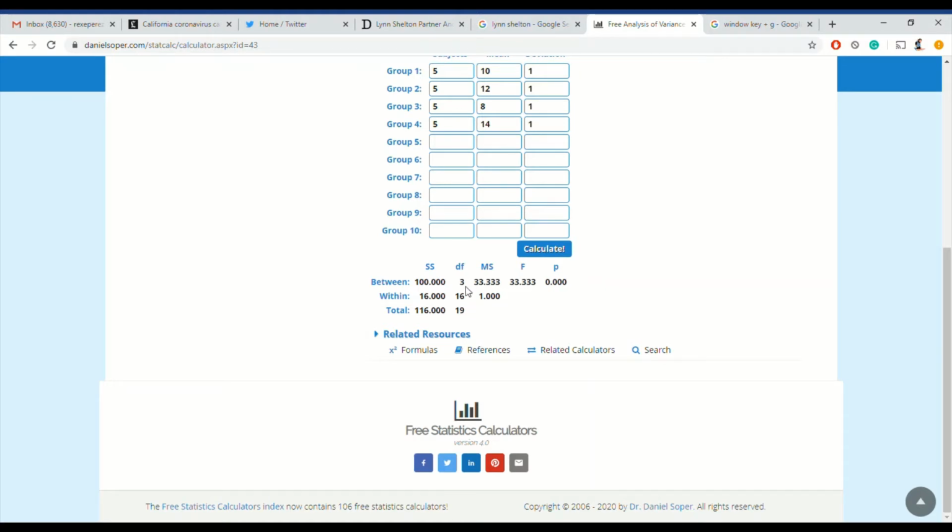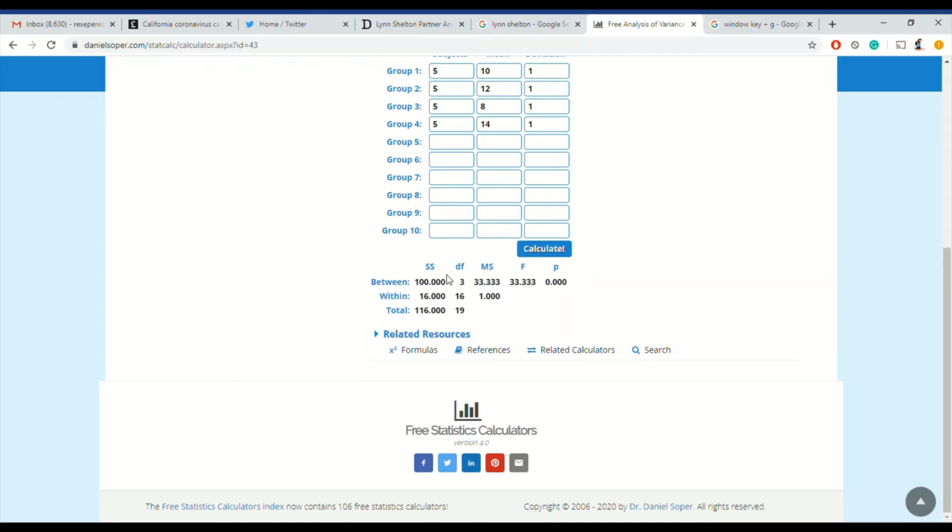What is 3 plus 16? 19. Or if you needed to figure out that 16, what is 19 minus 3? That's the 16. Notice also that our sum of squares, they're complicated to get, but 100 plus 16 is 116. And then here's where the table gets weird. Now it goes to the right.